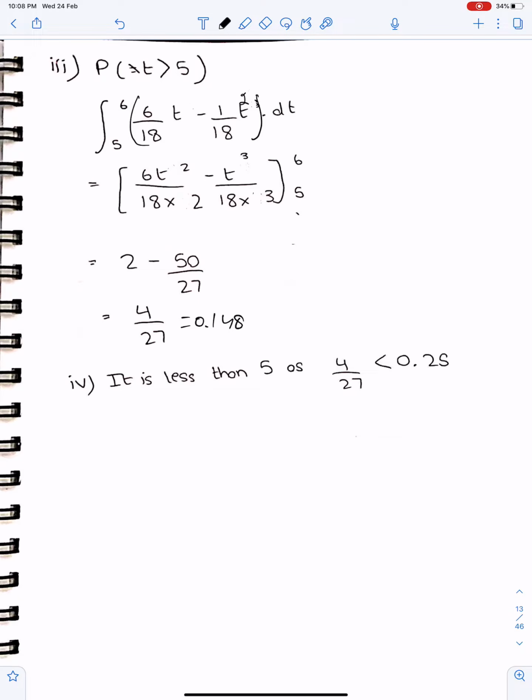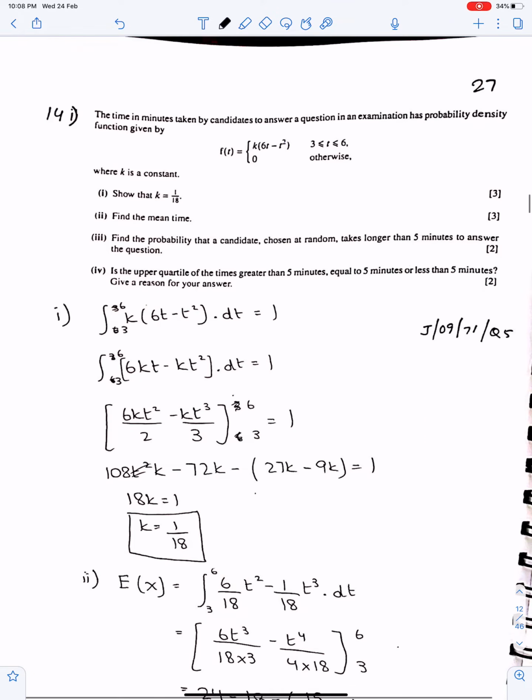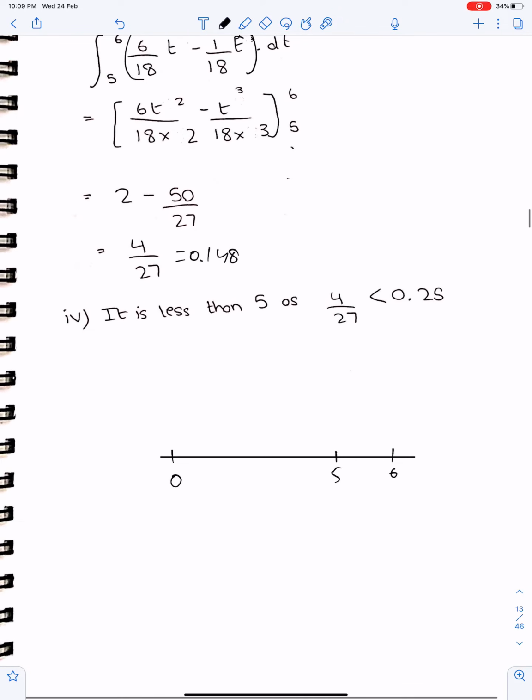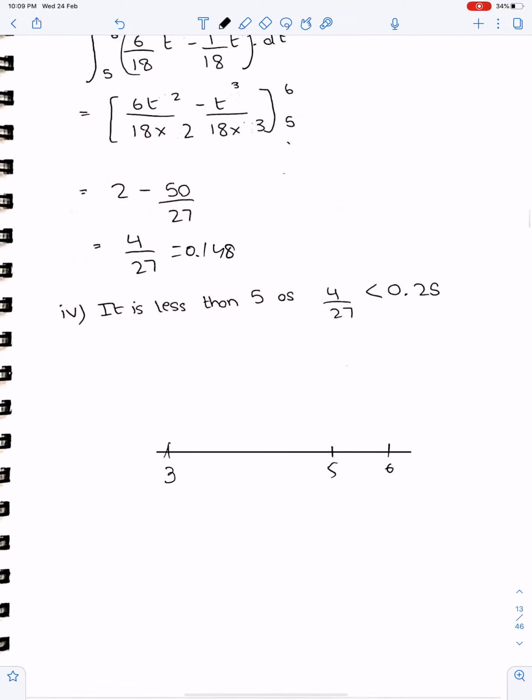Now let me explain this through a number line. This is 5, this is 6, and this is the lower limit. I guess it was 0. Let me check this. Sorry, it was 3. So 3 is here, let's suppose, 4 is here, 5 is here, and 6 is here.